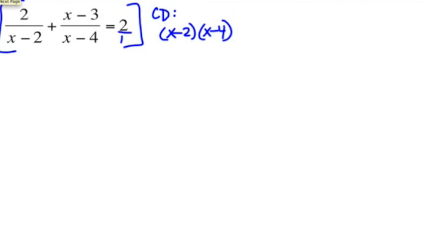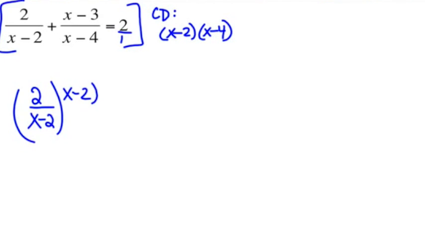So I'm going to go ahead and multiply everything by these values, which is going to look like 2 times x minus 2 times x minus 2 times x minus 4. It's going to look ugly here for a second.